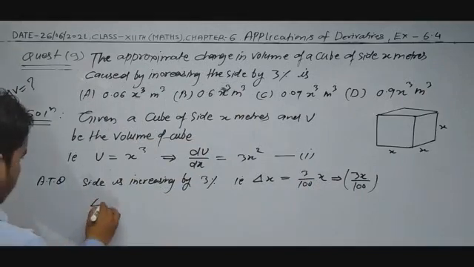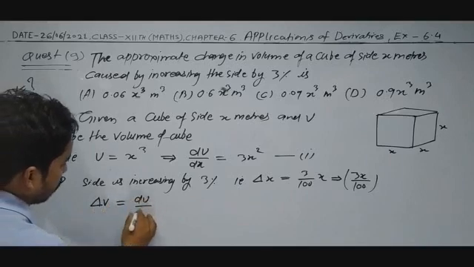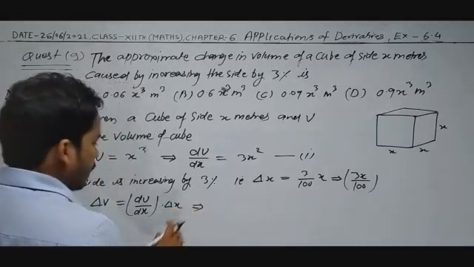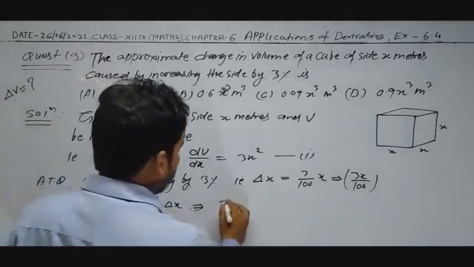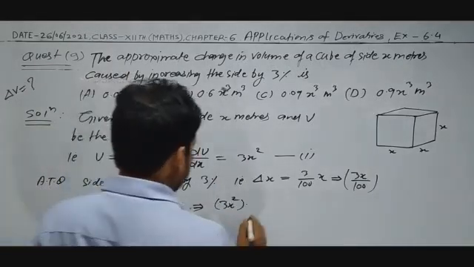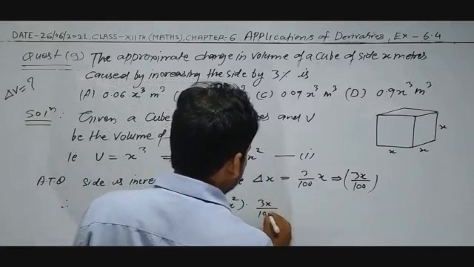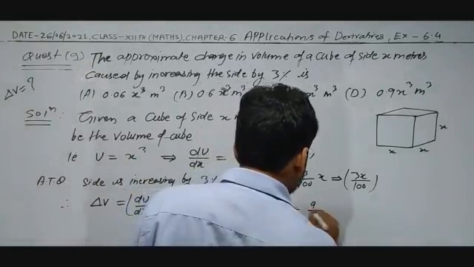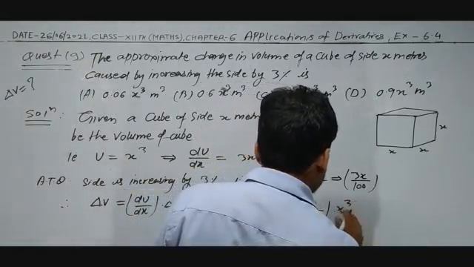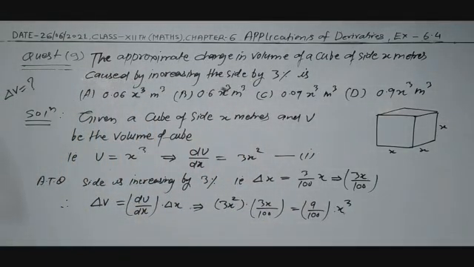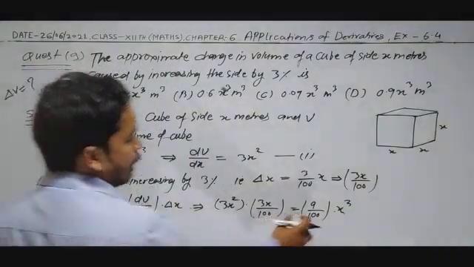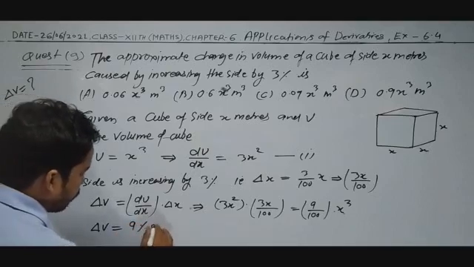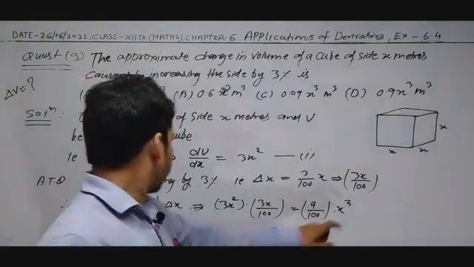So del V is equal to dV by dx into del x, and this result dV by dx is 3x square with the del x result 3x upon 100, and the result you will get is 9 by 100 times x cube, means this is the volume of the cube and this is the 9%, means dV is equal to 9% of V. V is the volume.